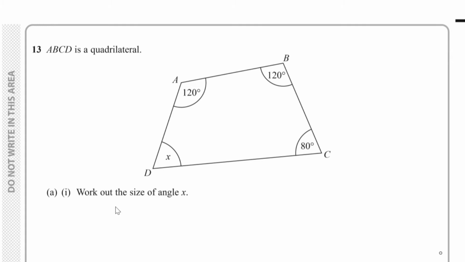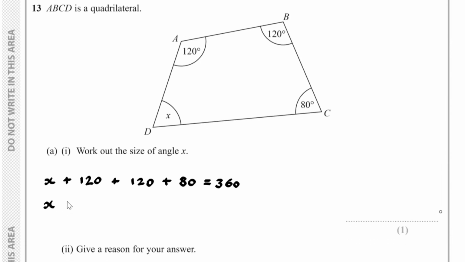Question number 13. ABCD is a quadrilateral. We have to work out the size of this angle marked x. Well, we know that the angles in a quadrilateral sum to 360. So we have x plus the 120 plus the 120 plus the 80 equals 360.